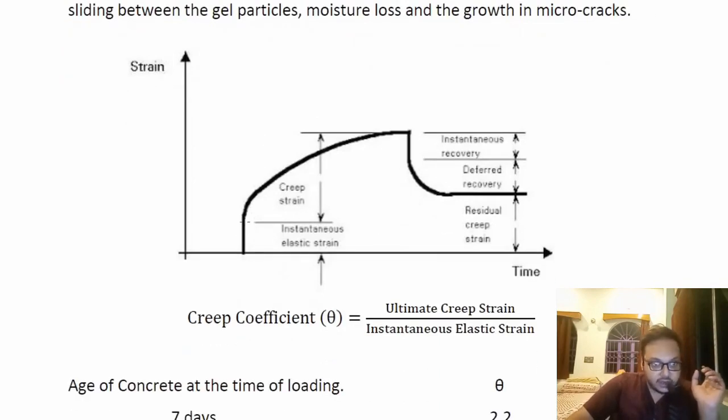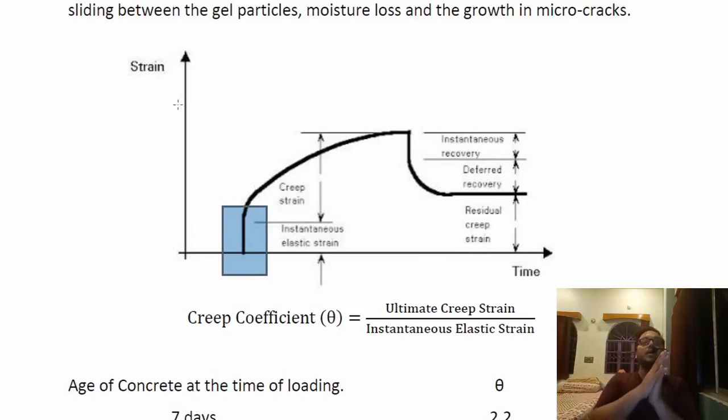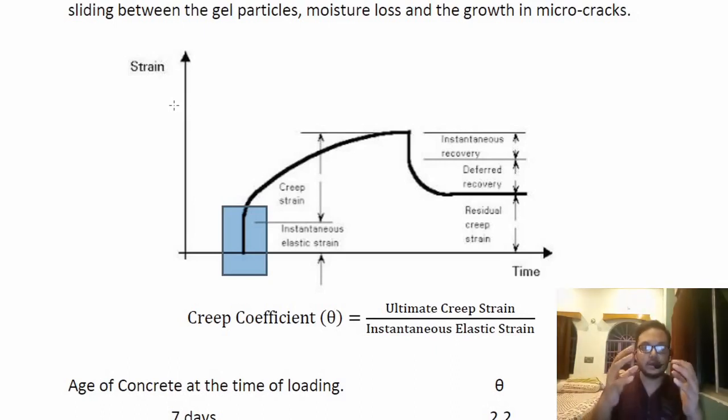You can see that initially there is a drastic amount of strain, because whenever a building or a concrete member is constructed, it is subjected to some load, and initially it shows considerable strain. This won't be time dependent because it occurs at the instant when the load is applied.